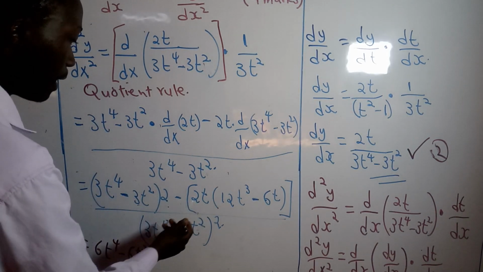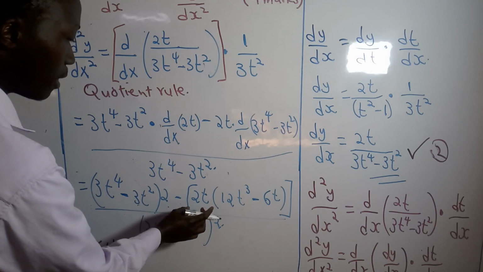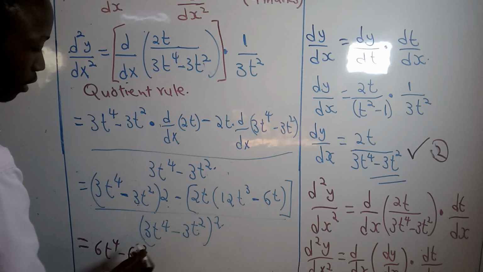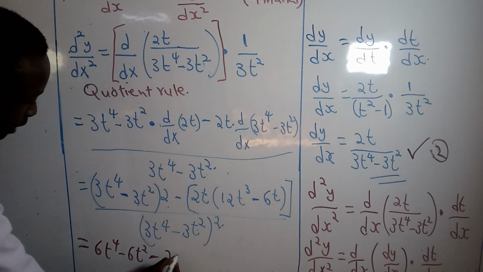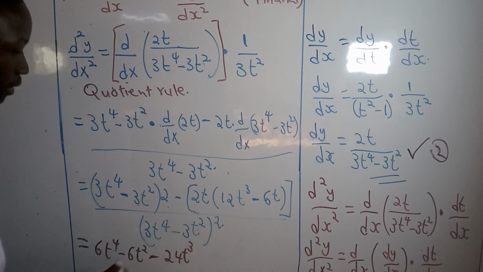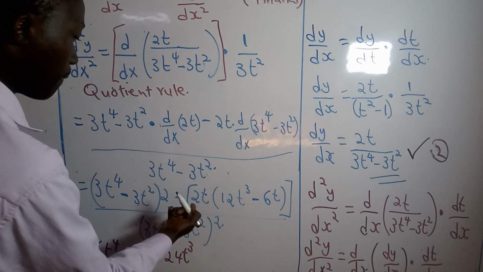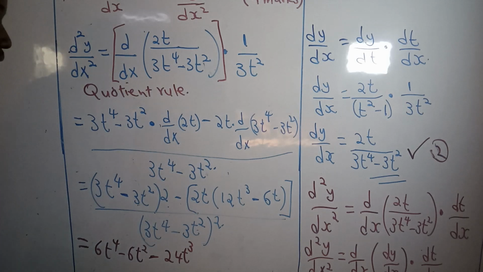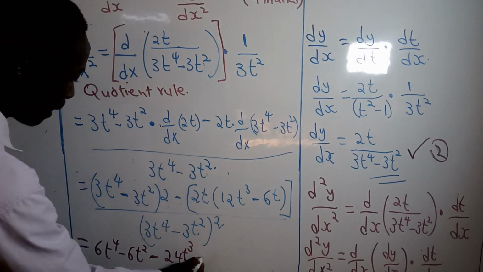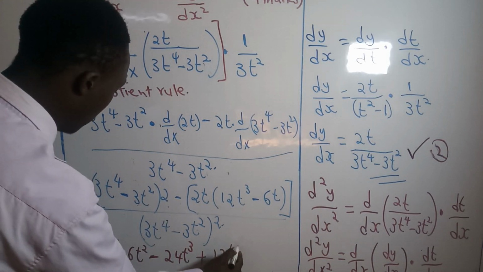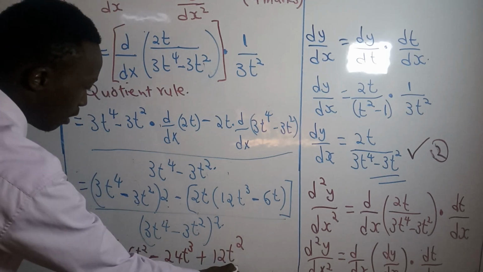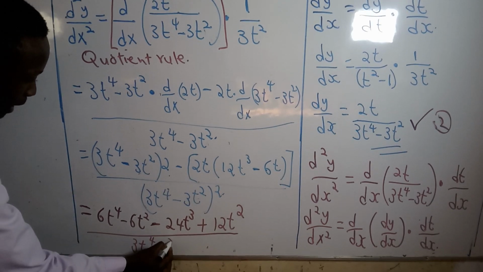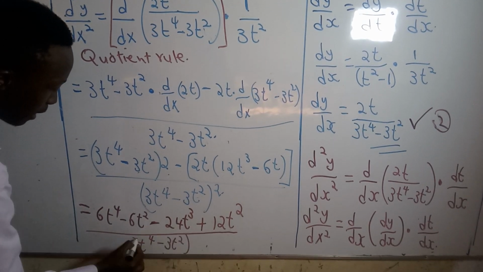When we open this bracket, we are going to get minus 2 times 12, that will give us 24t cubed, so it will be minus 24t cubed. Then this one will be minus 12t squared, so it will be plus 12t squared over 3t to the power 4 minus 3t squared.